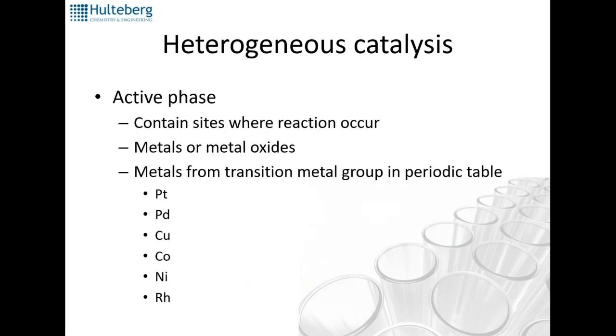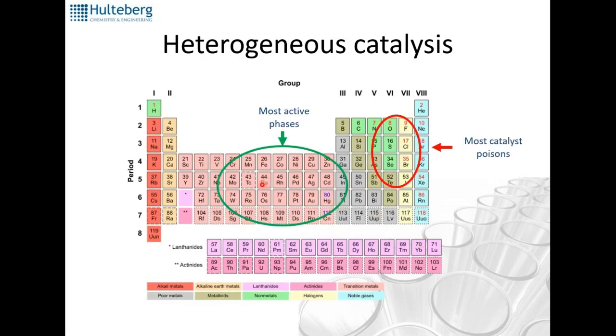Finally, we need an active phase. This is where the sites are and where the reaction occurs. It can be metals, metal oxides, or acid or basic groups on solid materials. Most commonly, we have metals from the transition metal group in the periodic table. Here in the middle, iron, cobalt, nickel, copper, ruthenium, rhodium, palladium, platinum are all common catalyst materials.